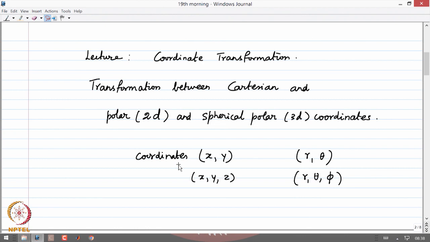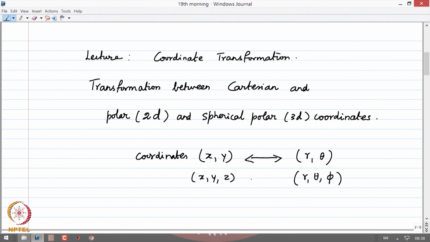Now, in two dimensions, the transformation between Cartesian and polar is the transformation between the two coordinates x and y in the Cartesian system and the coordinates r and theta in the polar framework.